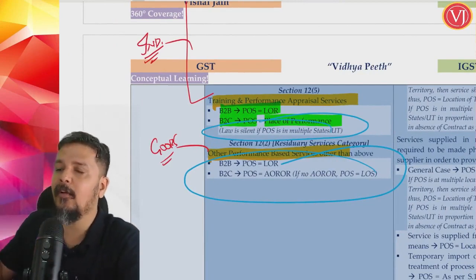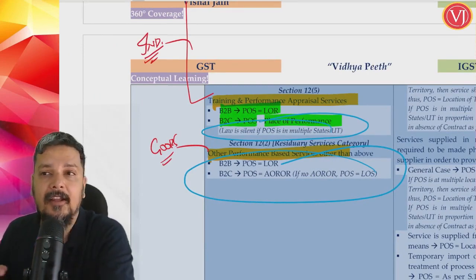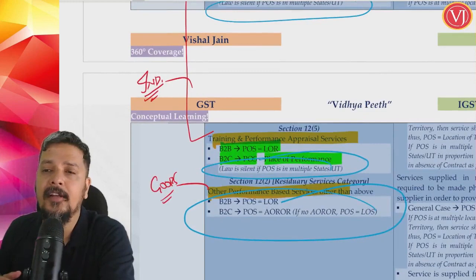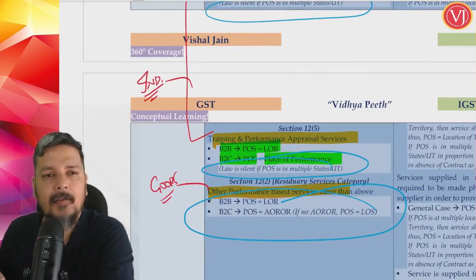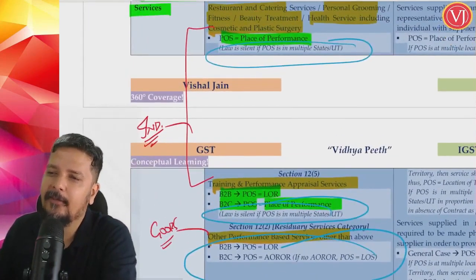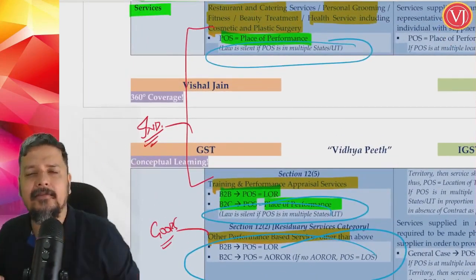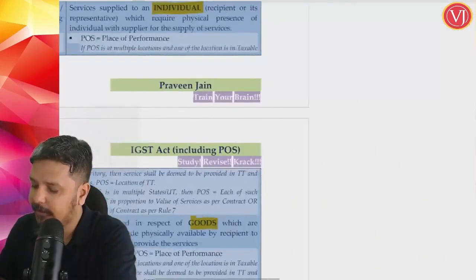For training and performance appraisal, one answer depending on B2B and B2C. For other performance on individual, no B2B and B2C, directly location of performance. Be it your beauty treatment, cosmetic plastic surgery, restaurant, outdoor catering, directly it is location of performance. They were split into two parts. Here there's only one part.